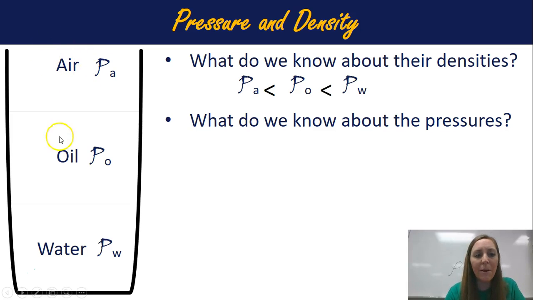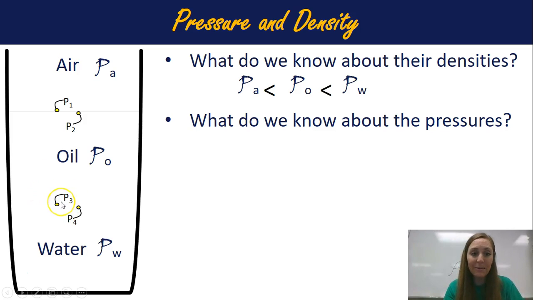Well, we don't know much about the pressures in the middle right now, but we do know a little something about these pressures, right where those things connect. So P1 is the pressure at the very bottom of our sample of air. P2 is the pressure at the very top of the oil.